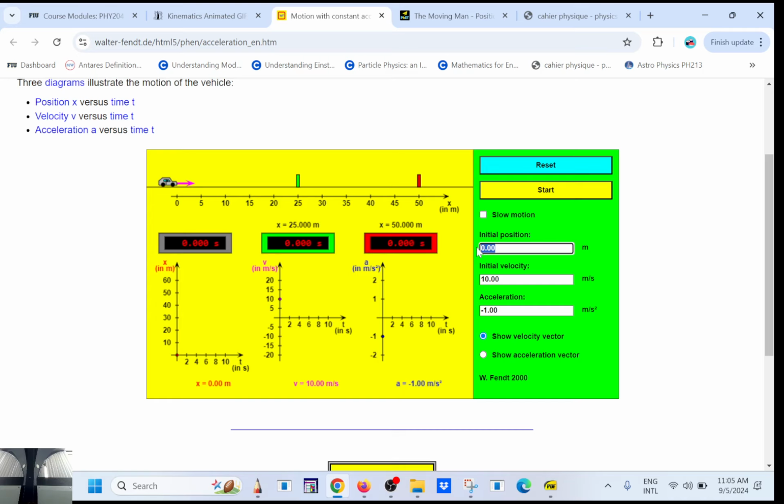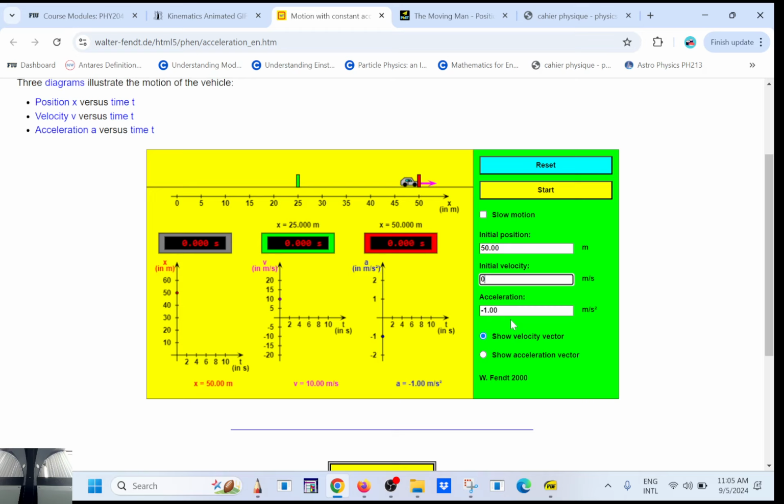So initial position, I'm going to do 50 here. Initial velocity is going to be 0. So imagine in your head, what do you expect for the graph? So where is it when you start your stopwatch? 50.